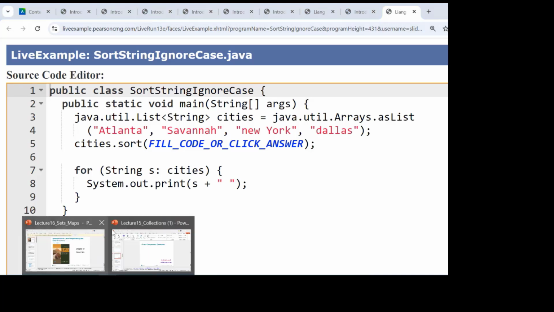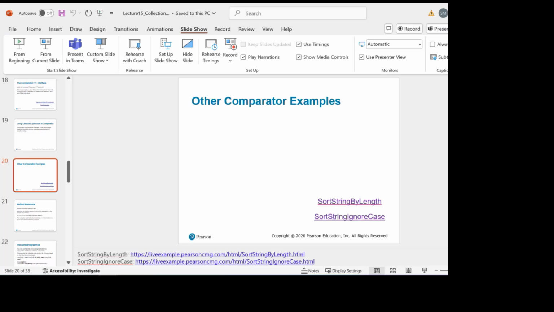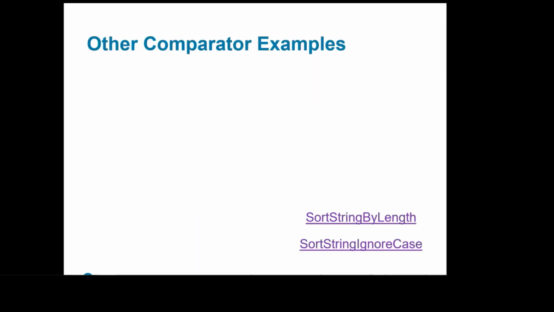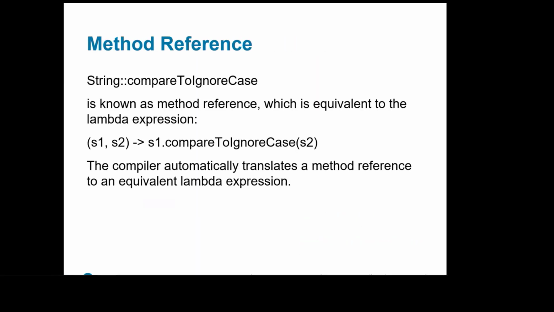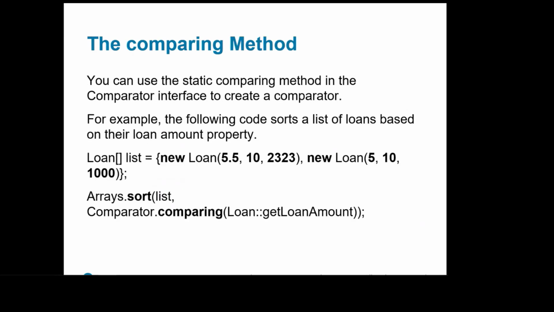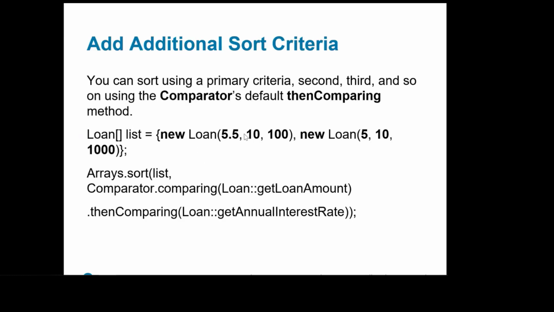Again, these are some simple programs, but they will be useful for implementing your own project. Here is another example where they have one data structure, and it has three different attributes, maybe 5.5, 10, 100.